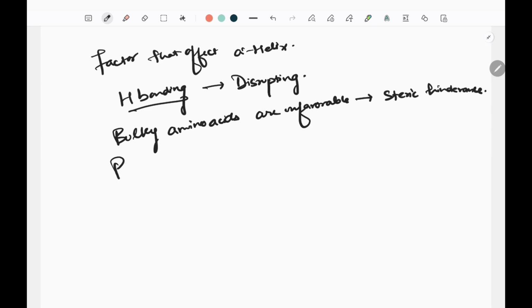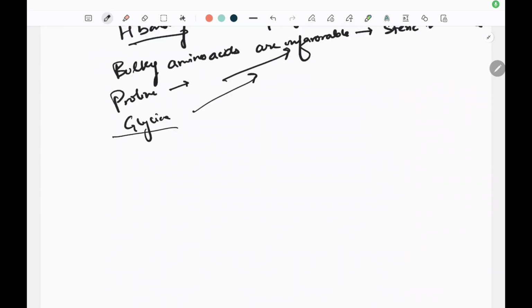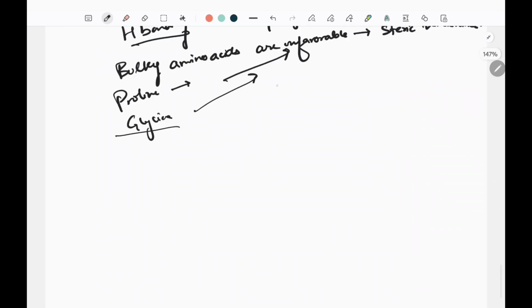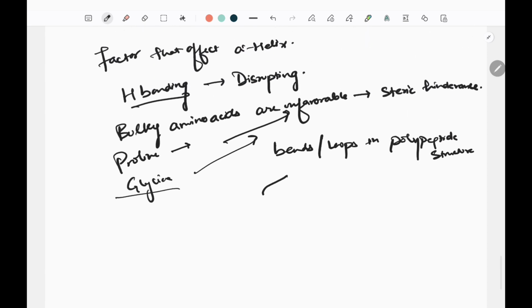Proline is specifically unfavorable because of its bulkier group, and glycine is also unfavorable because it creates bends or loops in the polypeptide structure, which disrupt this alpha helix.